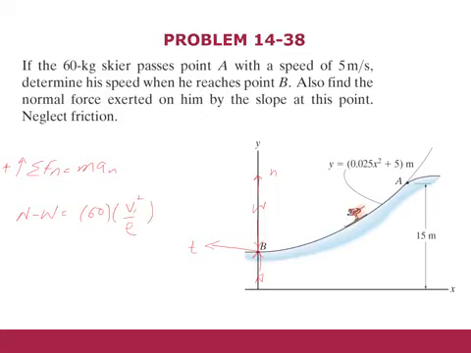V_B we have calculated in the previous slide. Now we will calculate this rho because the equation of the curve is given, so you know how we can calculate this rho. And we have to calculate this normal force only.